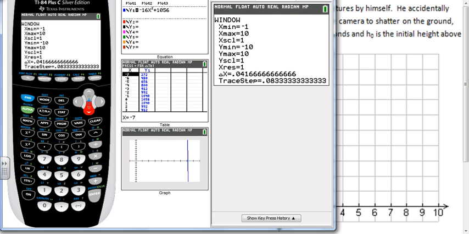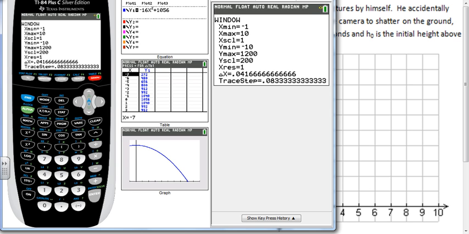Our y min can stay at negative 10, so we're looking a little bit below ground, but our y max, we're going to use 1,200 feet. So we're seeing as high up as 1,200 feet. And our y scale, we don't want a tick every 1 mark, because there's a lot there. We'll do a tick every 200 marks. That way we'll be sure to fit everything in there.